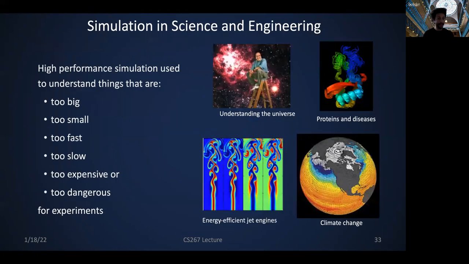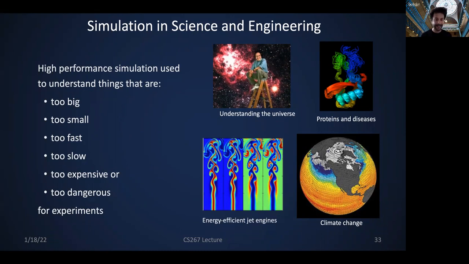And why would we do that? Sometimes we want to look at things that are too big to observe, or too small to observe, happening too fast for us to capture, or happening too slow. We can't really wait for it. And it might be too dangerous. And these are very different examples. For example, the universe, we can't really wait it out.